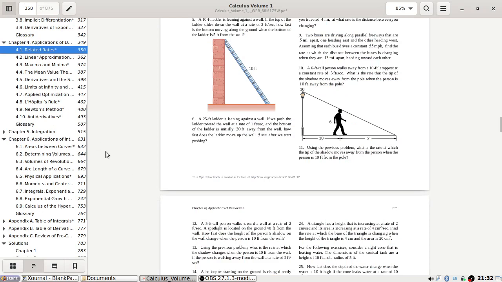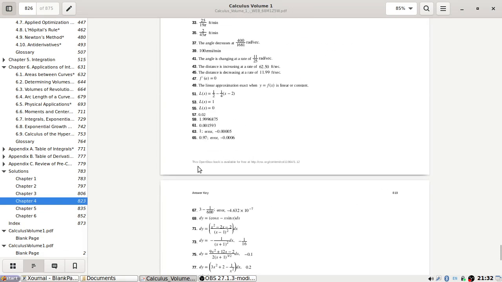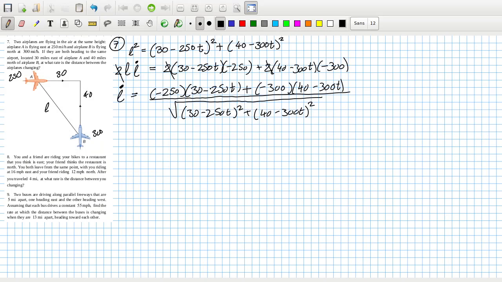Let's have a look. Oh no, okay, so they do want it, I guess, at this moment.